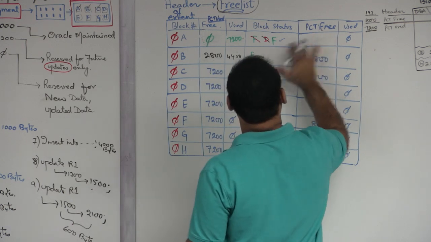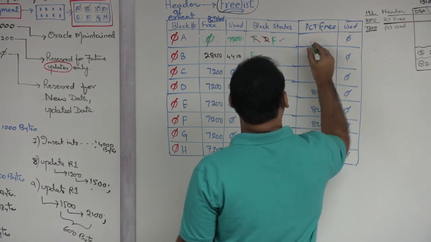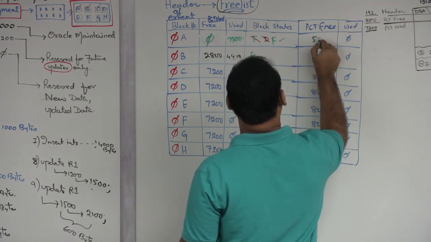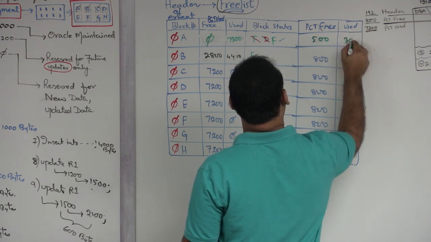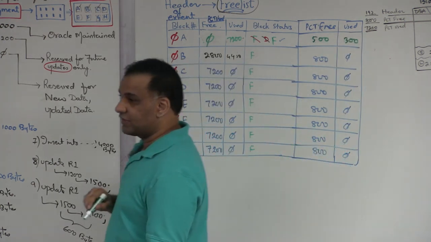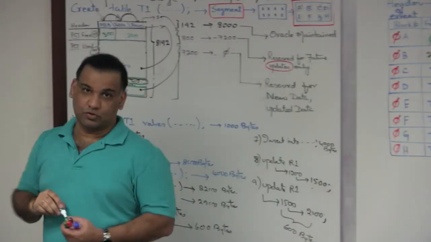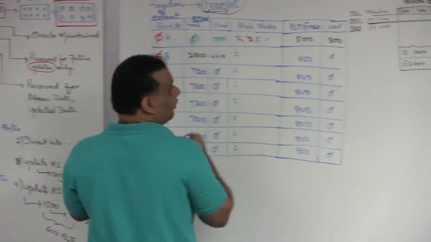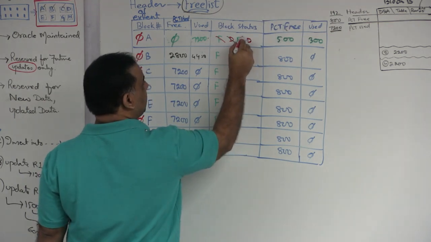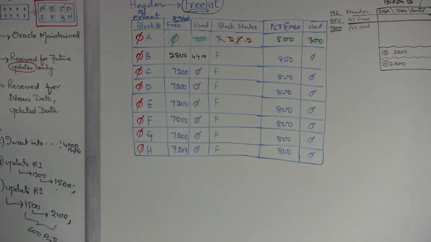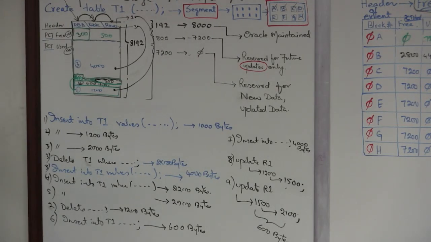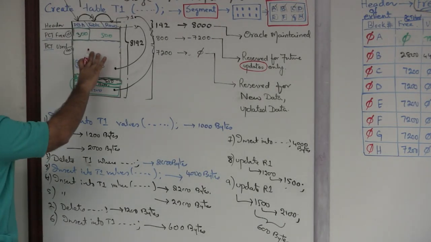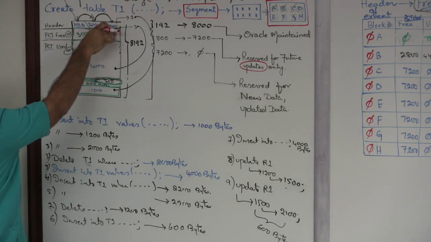And then out of this PCT area, it is 500, and used here is 300. Does this make sense? So far, are you okay? And this block, is it going to advertise itself as free anymore? No. So this is a dirty block now. It will not be available unless and until something is freed in this area, not in this area.